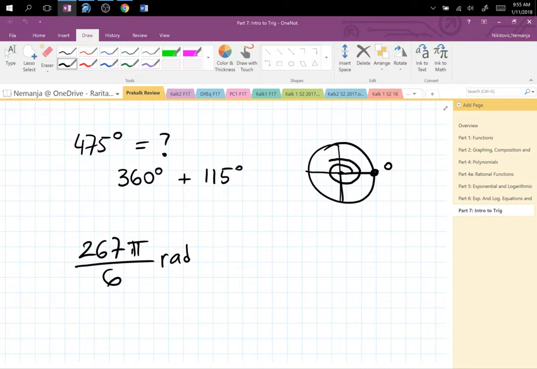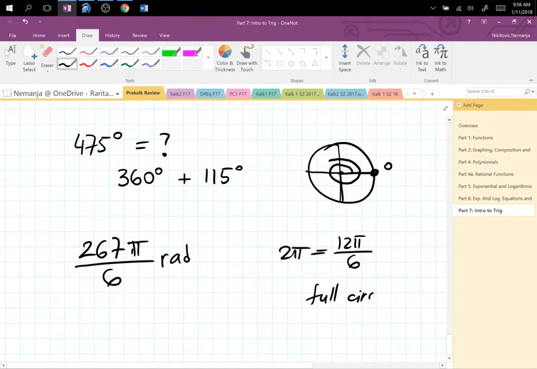If you divide by 6, you... Oh, times by 2. Well, how about just divide by 12 and call it a day? So this is the part where you look at the denominator, right? And you see a 6 there. Now you know it's a 2 pi for the full circle. So if this is a 6, 2 pi is 12 pi over 6. And that's the full circle in 1 over 6 units, right?